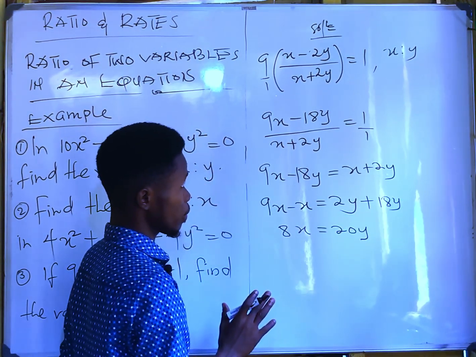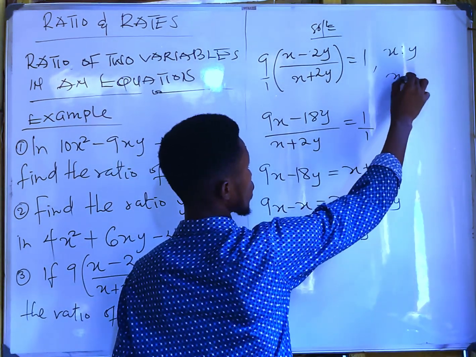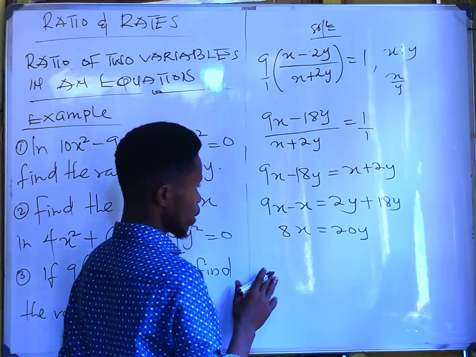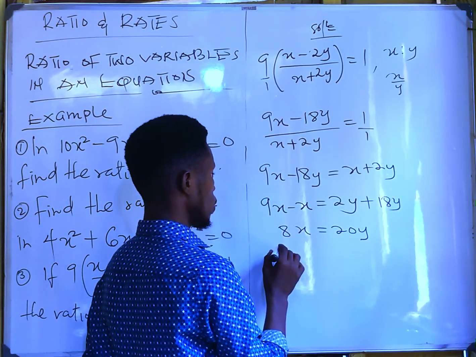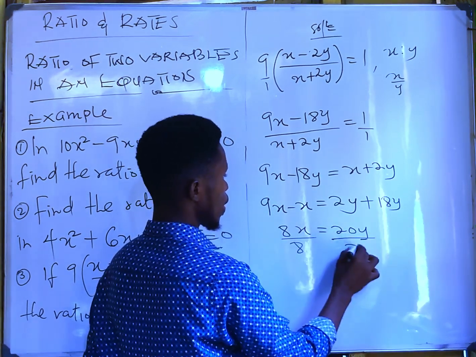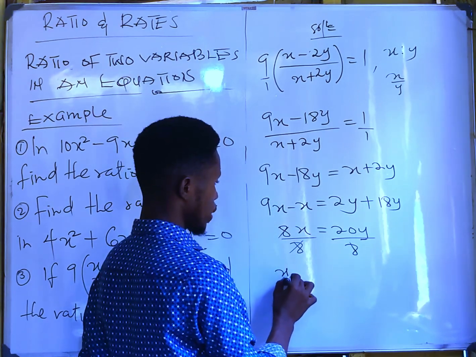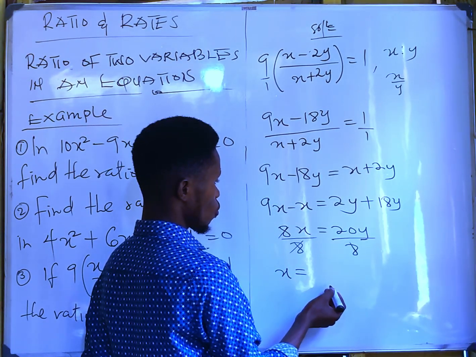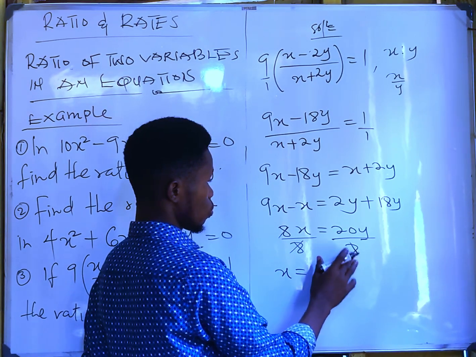But remember, we are interested in x is to y, which is the same as x over y. So here, x should come first. So let me divide here by 8, here by 8 first, okay? I know what I'm doing. So that I have my x equal to, I think 4 goes here, 2, 4 goes there, 5.